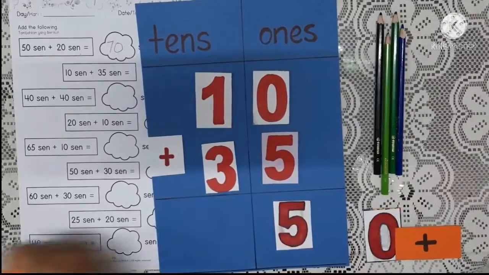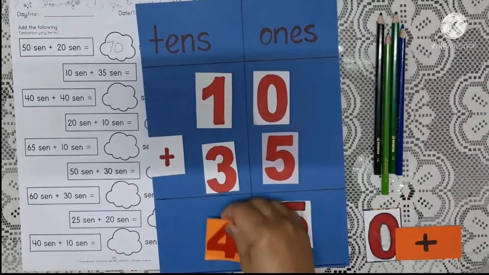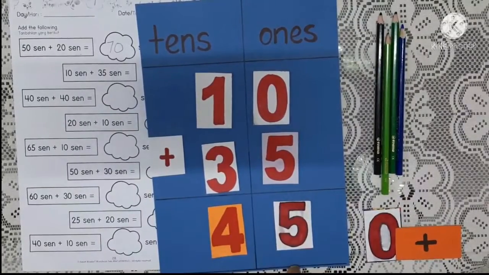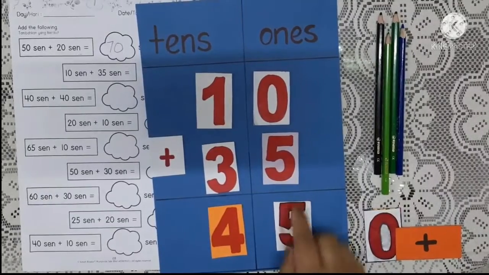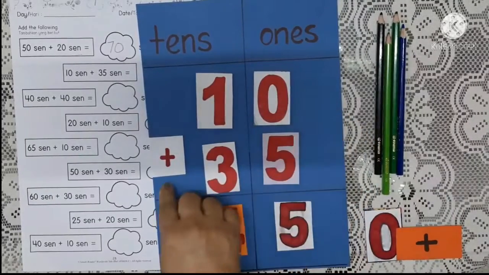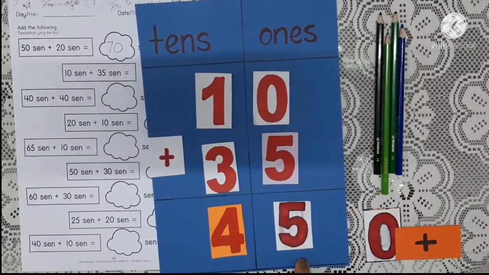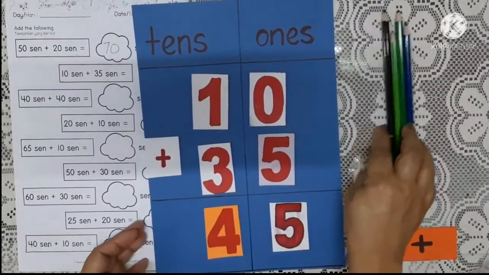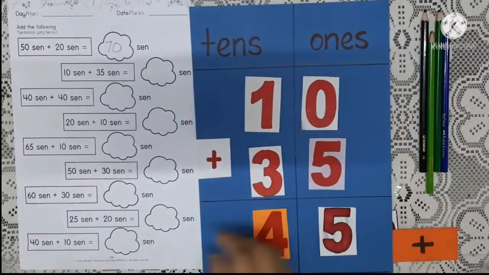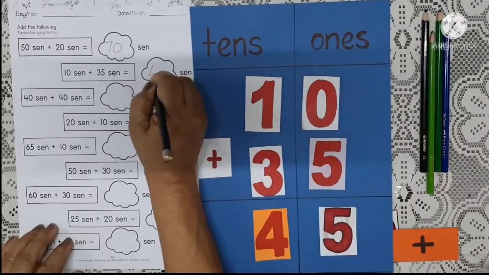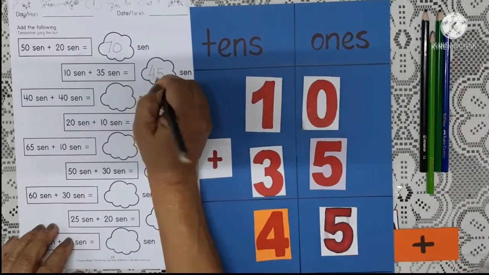So what number is this? 45. So 10 plus 35 equals to 45. So let's write it down. 45 cents.